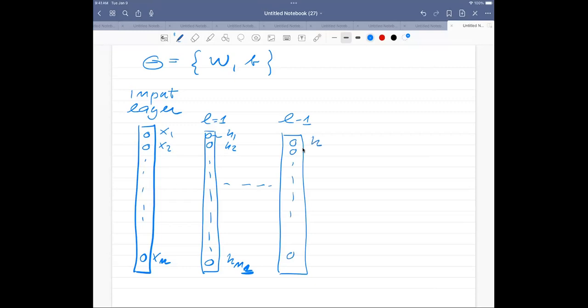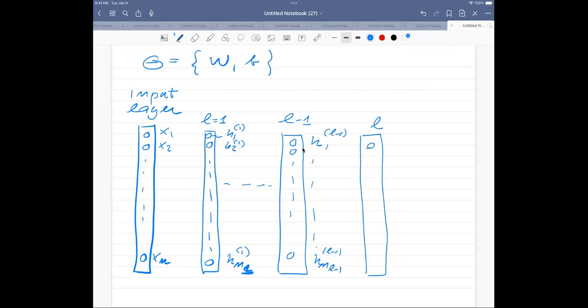So we're going to put a 1 up here and a 1 here, just to indicate that this is the given layer, L minus 1, and this goes all the way down to H of L minus 1, and this has N of L minus 1 nodes, and this feeds in to the next layer, which we are simply going to call L. So we have a similar node here, and then we're going to pick a specific node, which we're going to call J. So this is Hj of L. And this continues all the way down to Hn of L, or layer L.